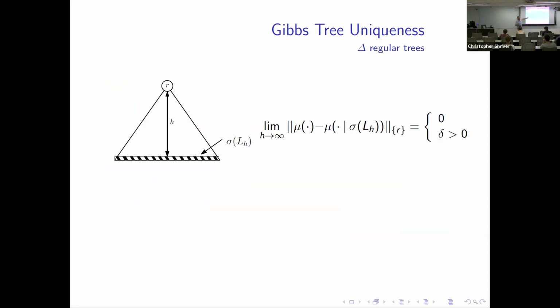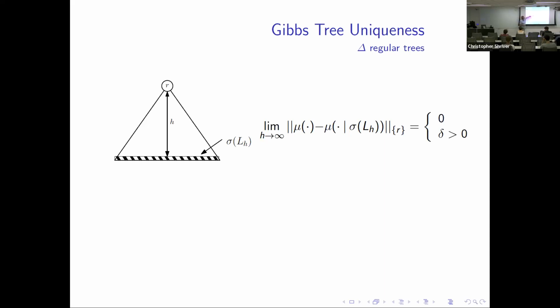Another notion we discussed yesterday, not only in my talk but in various talks, is the notion of tree uniqueness. Just to remind you, what is tree uniqueness? Suppose that this is a delta regular tree for some integer delta, and we have some Gibbs distribution on this tree, maybe the Ising model, maybe the hardcore model.